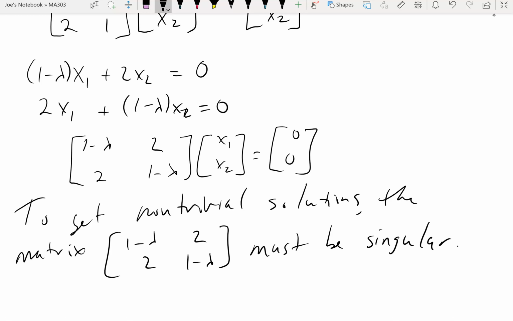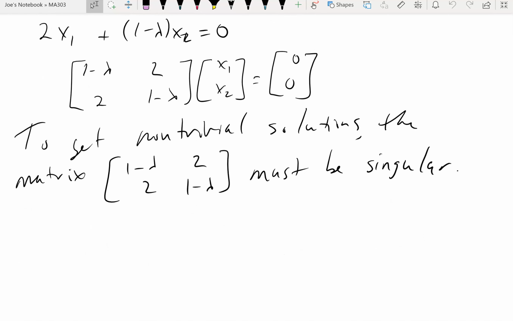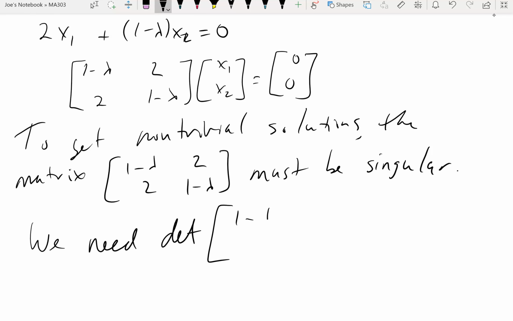So if I want this matrix to be singular, what does its determinant need to be? 0, right? So we need the determinant of this matrix to be equal to 0.